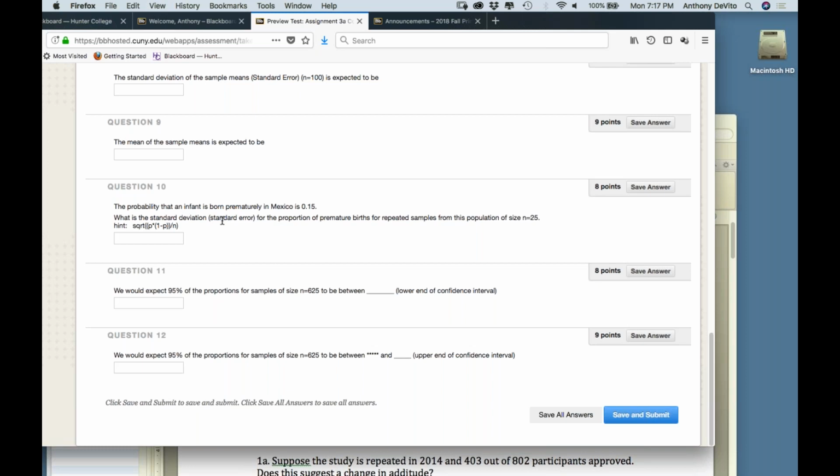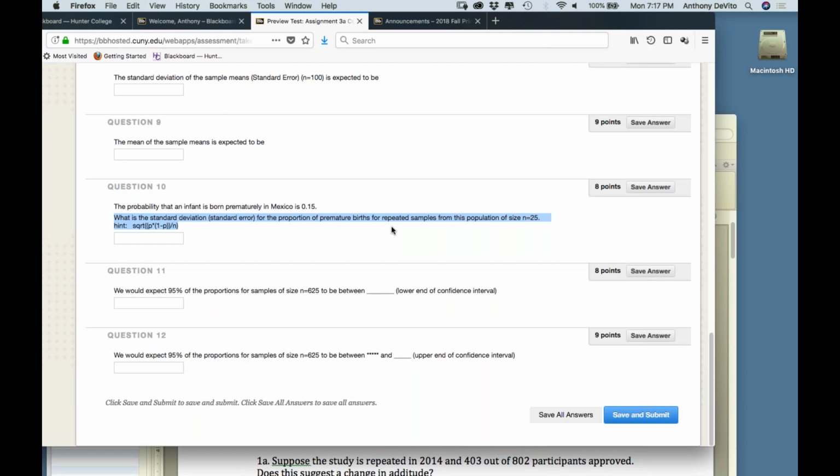Is that where we're starting with this? That's like where we went off the rails a little bit. The probability that an infant is born prematurely in Mexico is 0.15. That's a population parameter, right? Probability among all the infants is 0.15. What is the standard error for the proportion of premature births from samples of size 25?